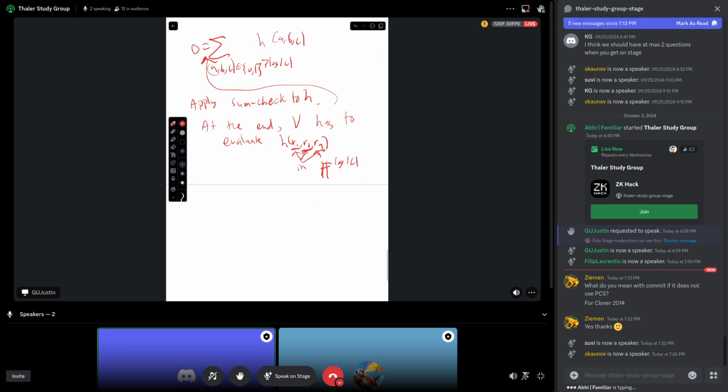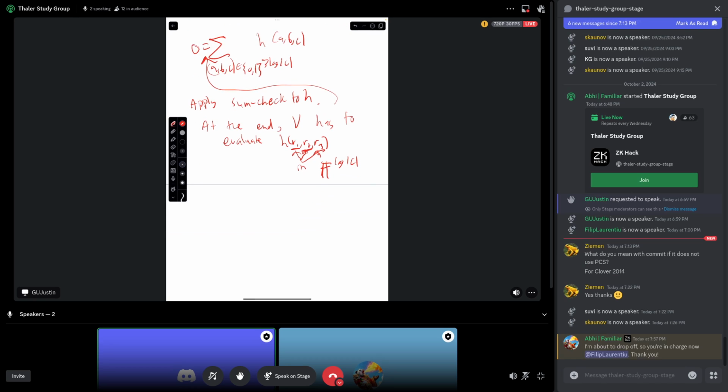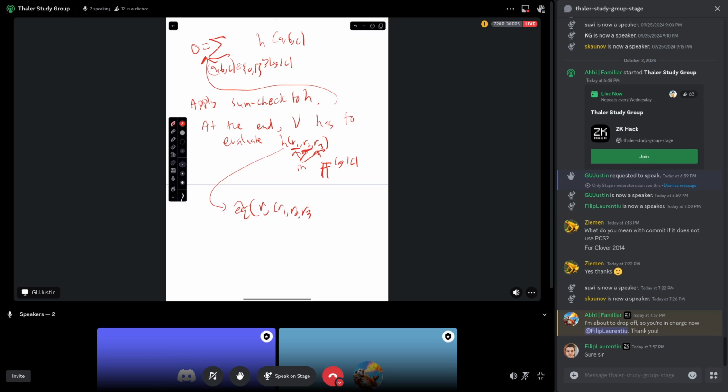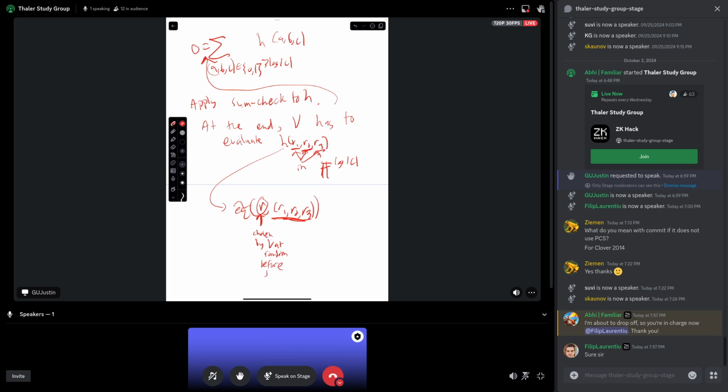And remember, H of R1, R2, R3 was EQ twiddle of R, comma R1, R2, R3. This R is unrelated to R1, R2, R3. This R was chosen by the verifier at random before sum check began. It was what we fed as the first input to EQ twiddle.